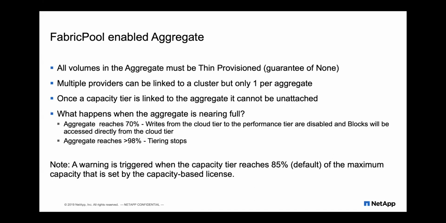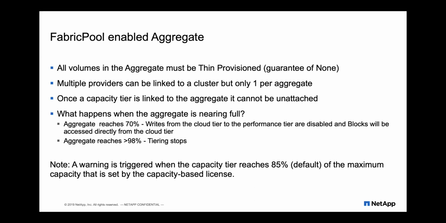So what happens when the aggregate is nearing full? We have a couple of alerts that we'll identify, and there are a couple of things that the fabric pool and the aggregate will disable or enable depending on the fullness of that aggregate.